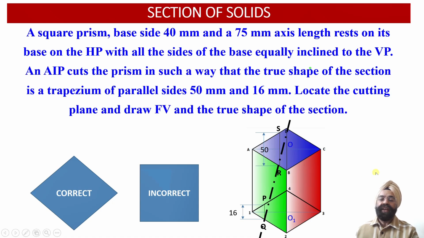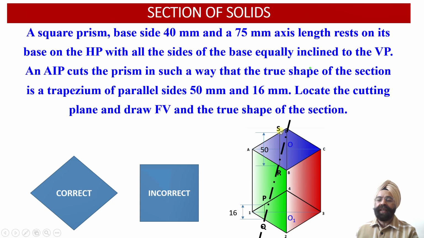So this way we have to proceed in such a way that once we draw an auxiliary inclined plane parallel to this cutting plane, we will be able to obtain the true shape projections of this cut section appearing as a trapezium in which the 2 parallel sides happen to be 16 millimeter and 50 millimeter respectively.